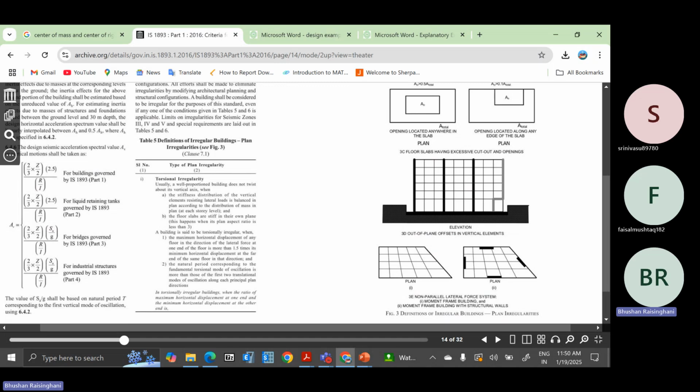In both directions, it will be rigid and it will be able to act as a rigid diaphragm. That is what the code is asking us to do in the first 2 points. So are there any queries on these two aspects that are required by the code? For plan irregularity, torsional irregularity case 1, well proportioned building. So if you have any query, you can ask.